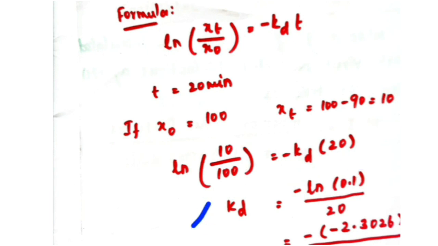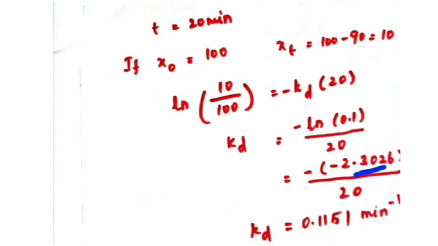So kd is equal to minus ln of 10 divided by 100. 1 by 10 is equal to 0.1. So minus ln of 0.1 divided by 20. Ln of 0.1 is minus 2.3026 divided by 20. So this minus will cancel out. So 2.3026 divided by 20 is equal to 0.1151. kd is equal to 0.1151 minute power minus 1.